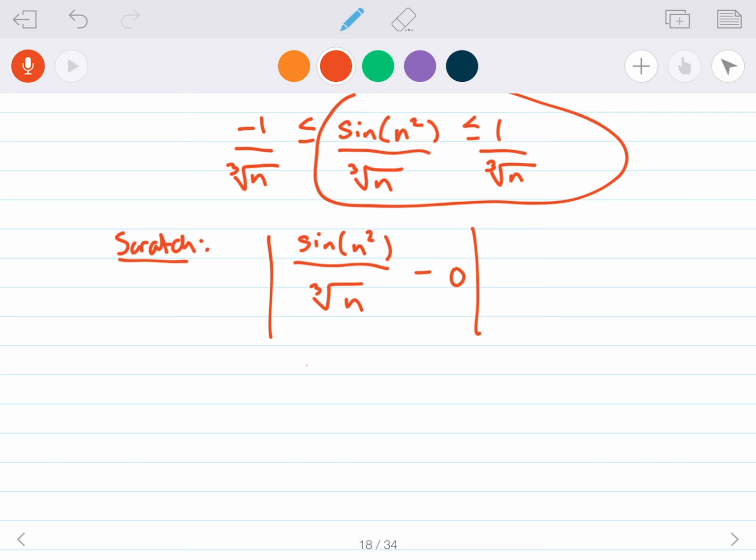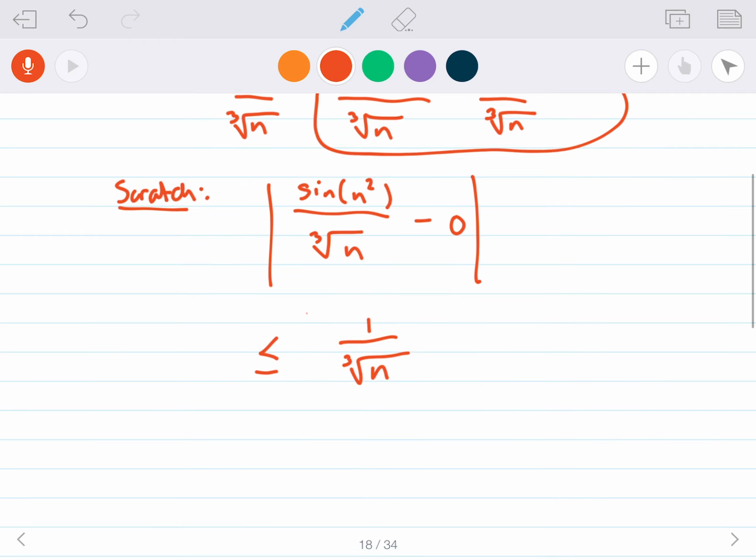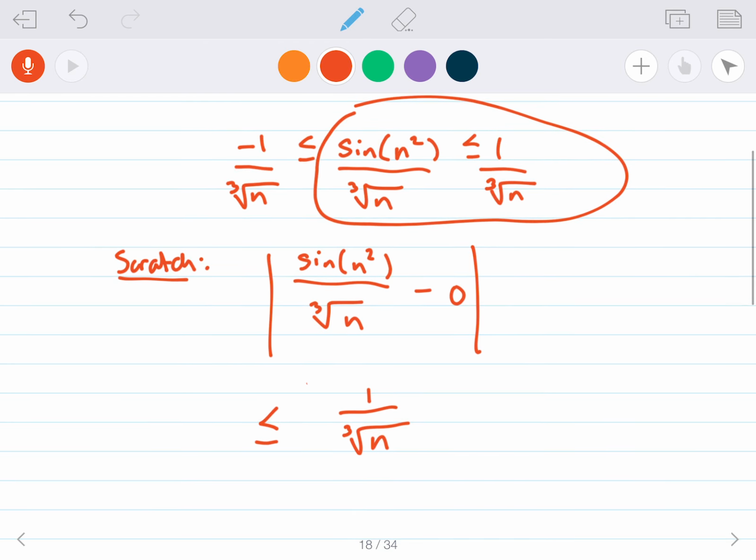And now that we know that, we can continue the computation and say we want this less than epsilon. It'll all fall into place once we do the proof.